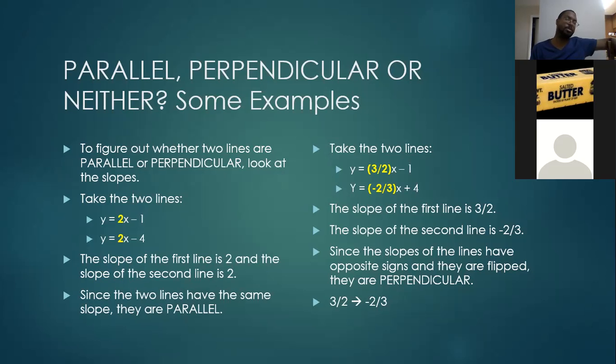Now, second question: are they perpendicular? Okay, let's think about it. For any perpendicular, they have to be opposite signs and flipped. So do they have opposite signs? Yeah. One's positive, one's negative. Are they flipped on each other? Can I flip 3/2 to get 2/3? If I flip 3/2, what do I get? Well, 3/2 flips to give me 2/3.